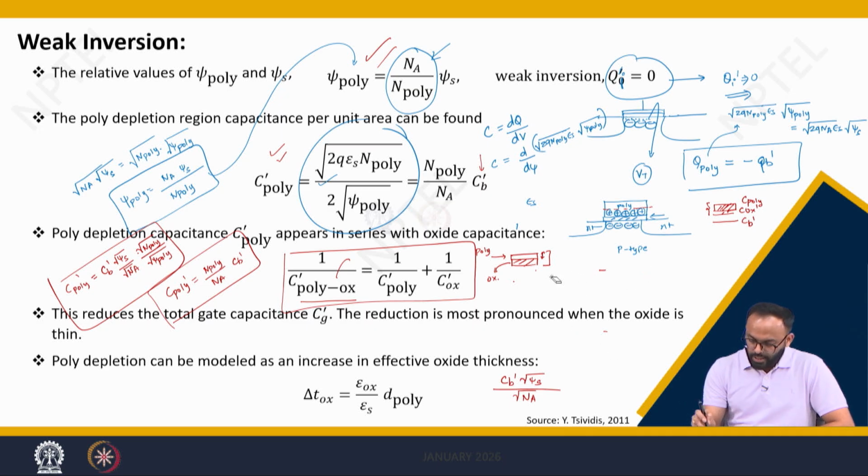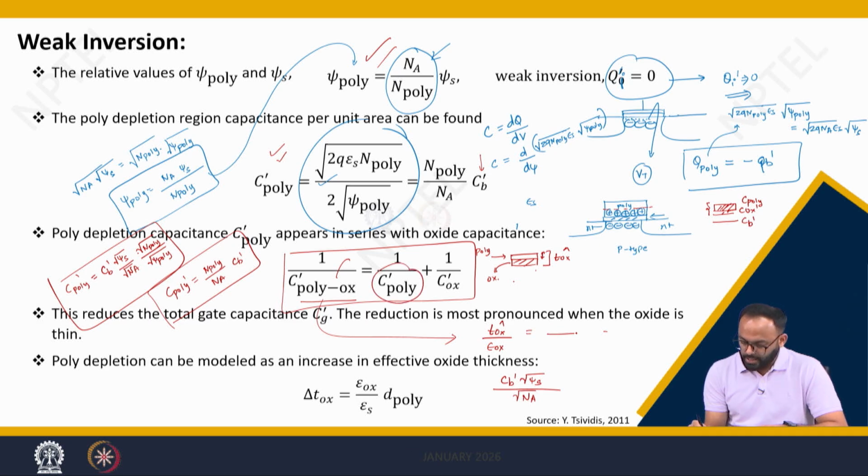Let us define the thickness of this combination as Tox cap, right. So, we can rewrite this equation in terms of permittivity and thickness as Tox cap divided by epsilon OX is equal to D poly divided by epsilon S plus Tox divided by epsilon OX.